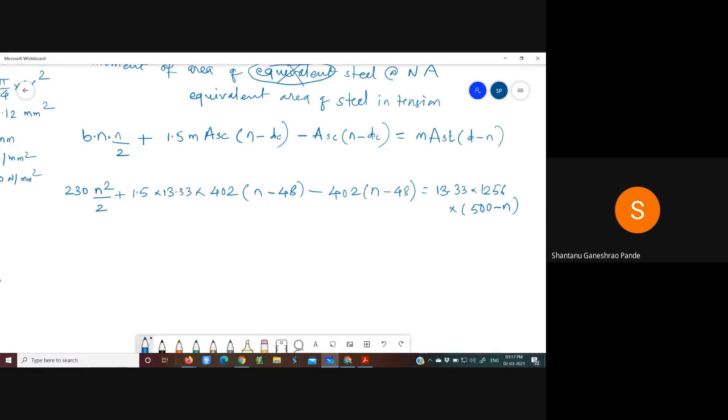If you simplify this entire expression, you will get a quadratic equation in terms of n. So simplify on the calculator and tell me the value of n.